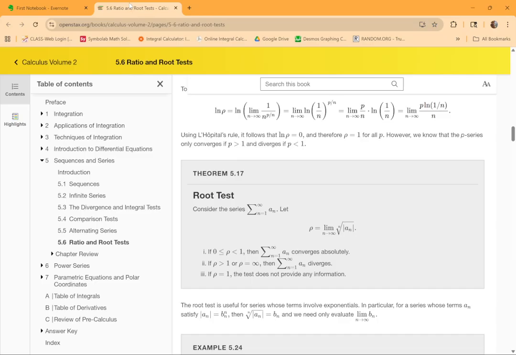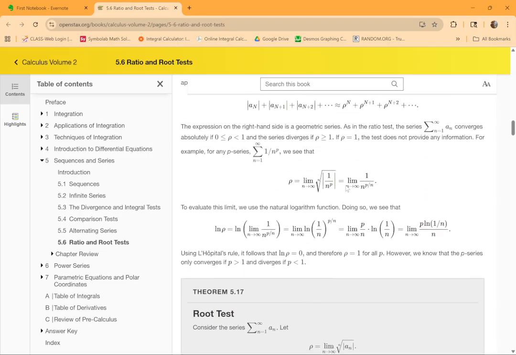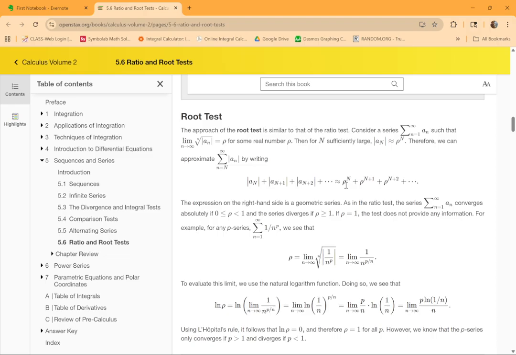Okay, so in this video, we're going to take a look at the root test. The root test is based on the idea that if you take the absolute value of the series terms, and they are approximately approaching some value rho to the nth, n plus 1, n plus 2 power after a certain value for n, not necessarily from the beginning, but as n gets larger and larger, then this almost looks like a geometric series.